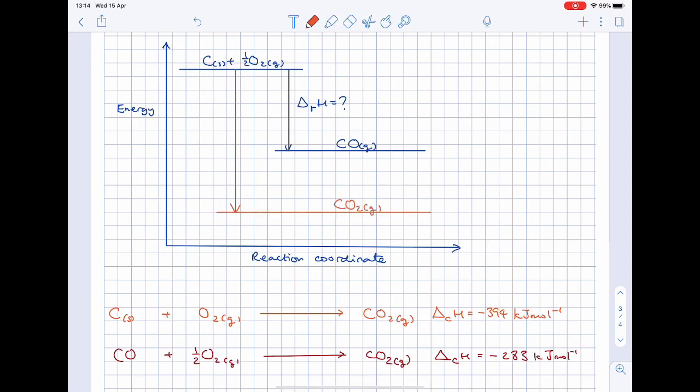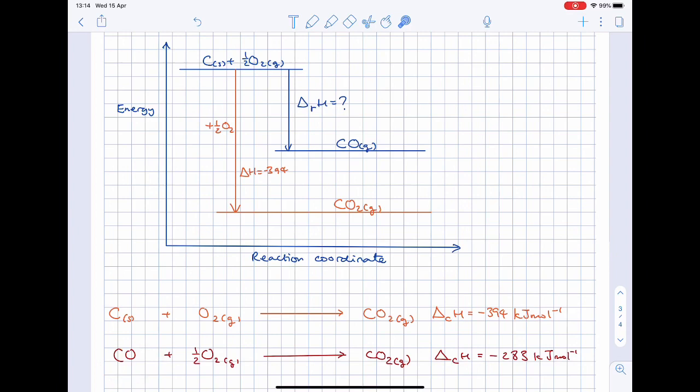I'm going to balance this by putting another half O2 on this arrow because the equation otherwise won't balance. We know this enthalpy change to be minus 394 kilojoules per mole.